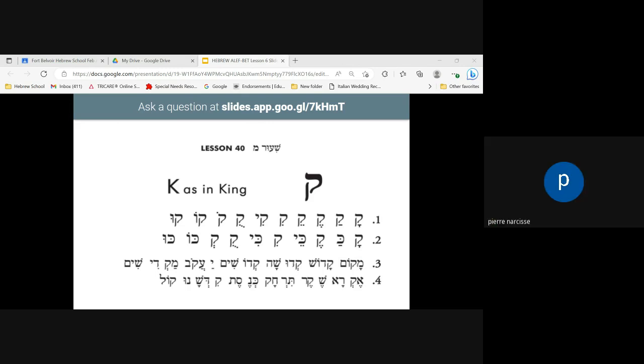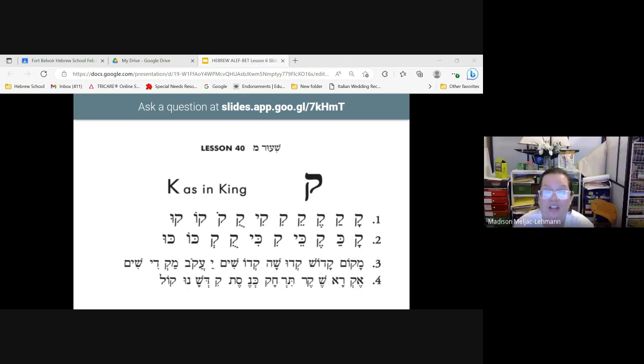Resh, right? That's a dalit. I know it's hard to see. Okay. Dalit, key. I skipped the dalit and pronounced the last letter, but I don't know what it is because it's so small. Okay, so that's a vav.